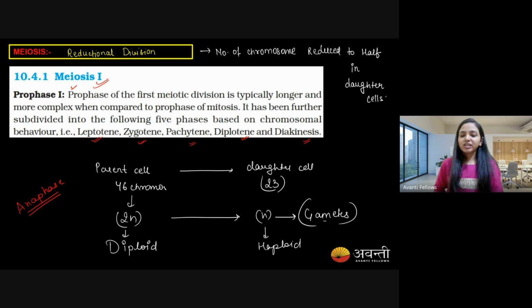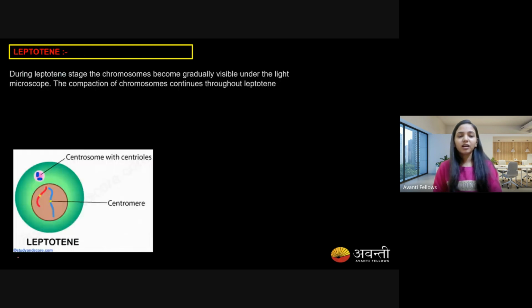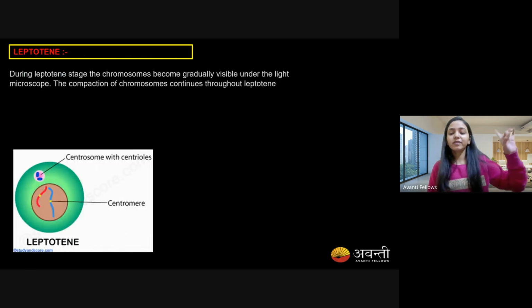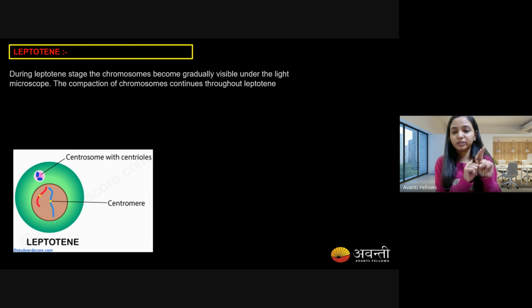Okay then. So let's start with the first phase, which is leptotene. We all know that until now, before meiosis 1, our cell came out of which phase? G2 phase. From G2 phase, the cell will directly enter into which phase? Leptotene phase. You can write it here also.